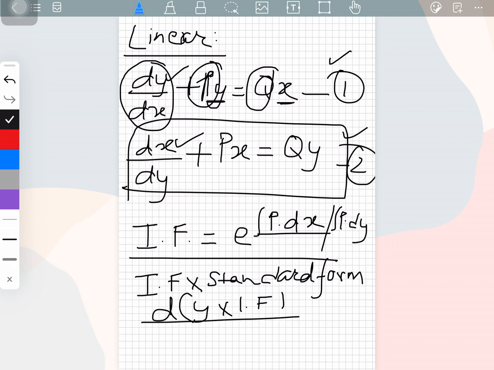I'm going to tell you how we got this. It's a little more complicated than the other methods, like variable separation, as you have to deal with the integrating factor and then take the standard form and so on. But let me give you an example so that things get clearer.